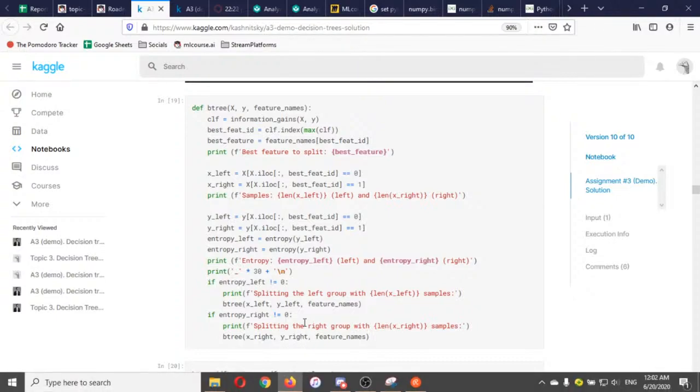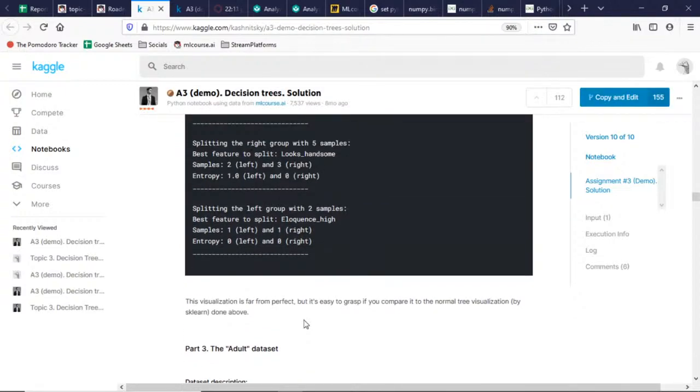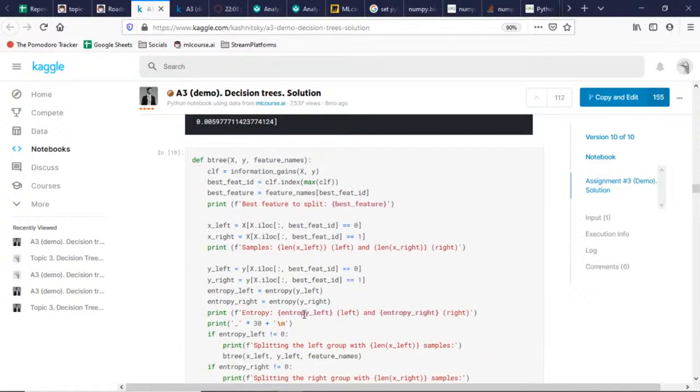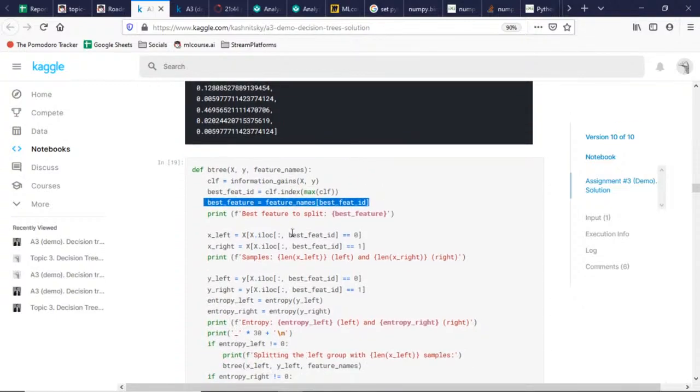It's some sort of code I don't want to watch. Okay, we took all our information gains by splitting by every feature here. We choose the best one, which gives us the index of the max of information gains, and we got this feature.